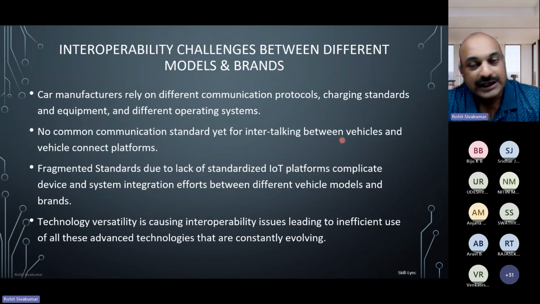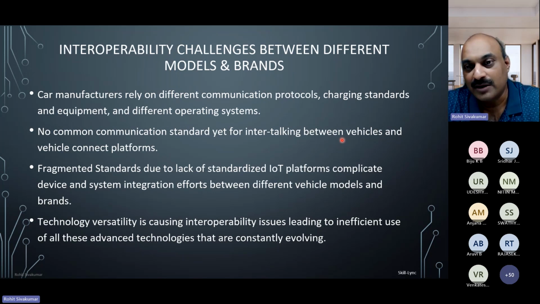The next challenge is about interoperability. Like we already know, in the EV space, every car has its own custom charging requirements, its own custom charging infra. Similarly, when a car's infotainment system shares data with the cloud, one brand can't talk to the other brand. There are a lot of problems with fragmented standards, because there's no standardized IoT platform.